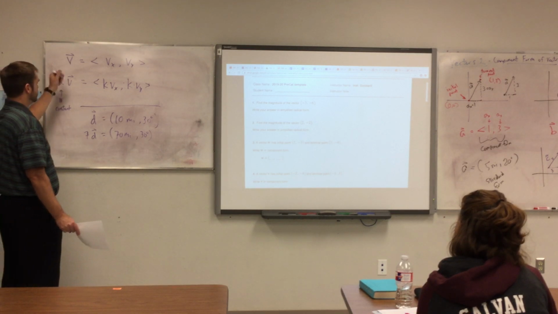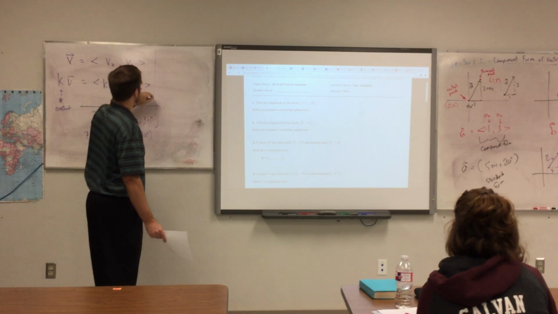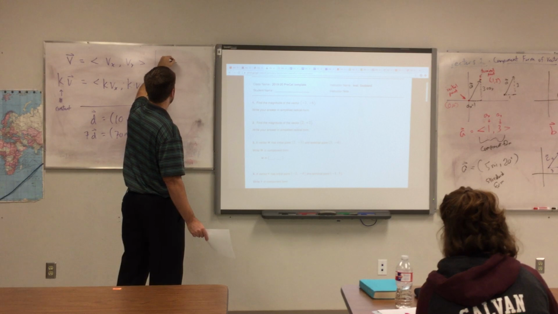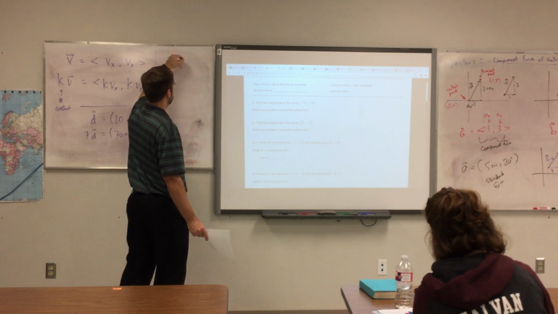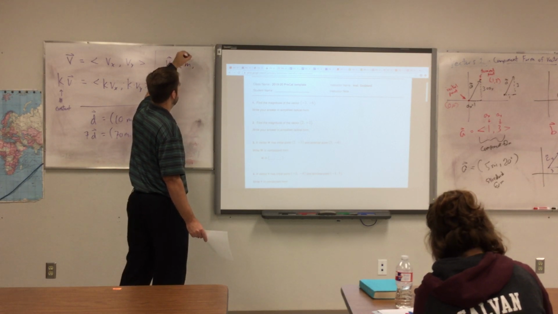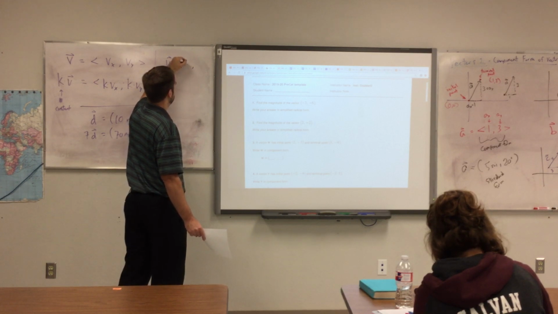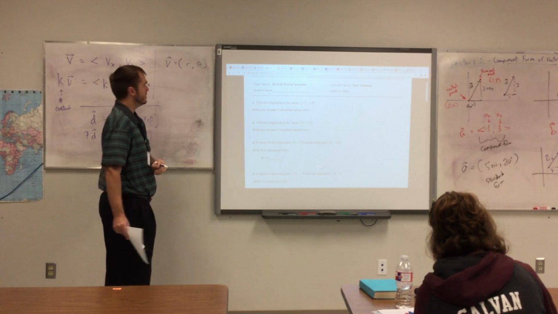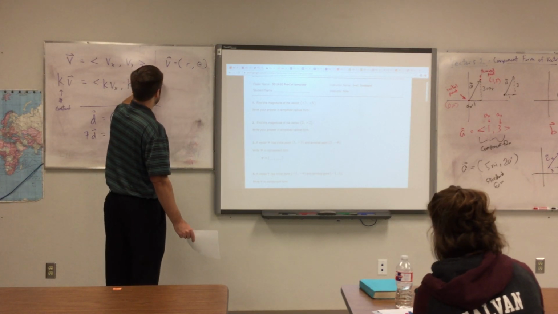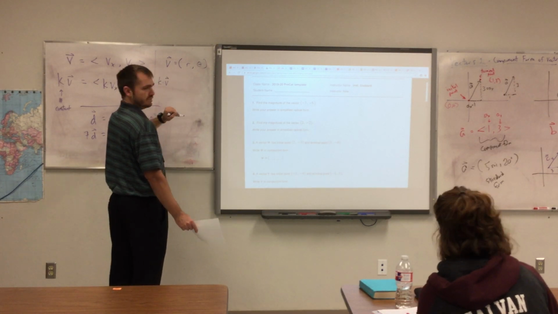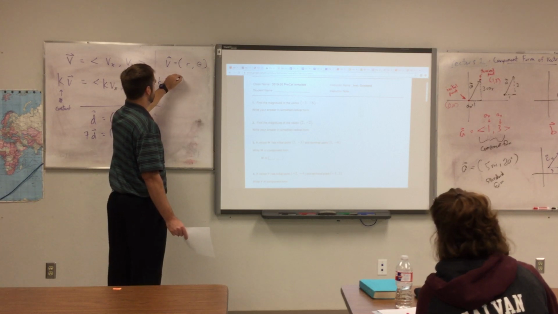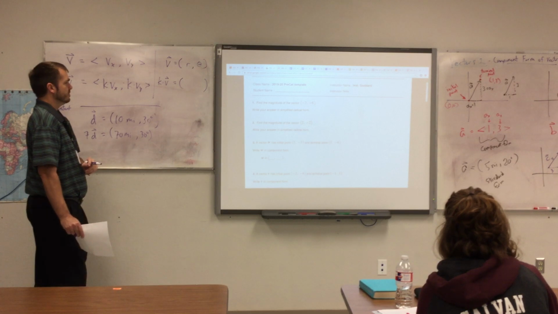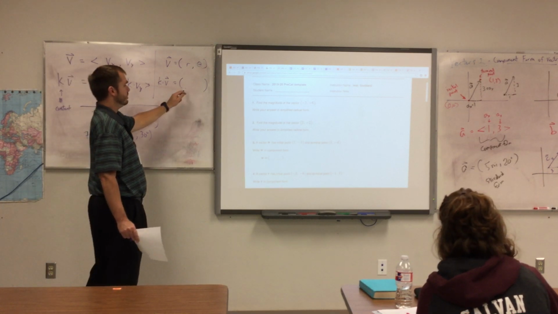So in other words, if you have vector v equal to some magnitude r and some direction theta, and you have k times vector v, anybody want to guess what we're going to put right here?